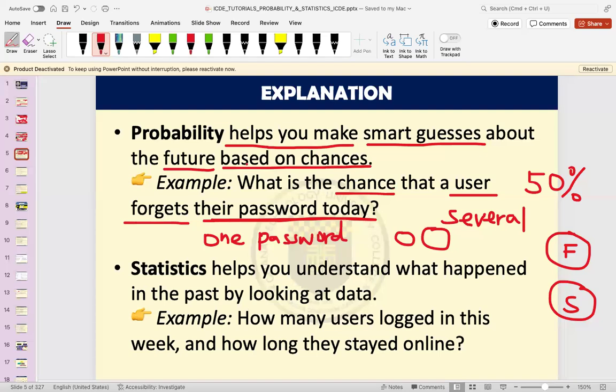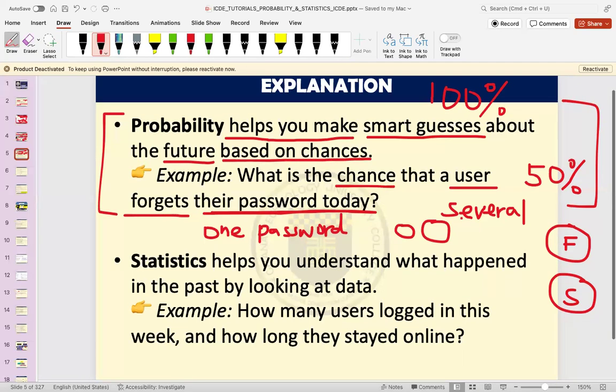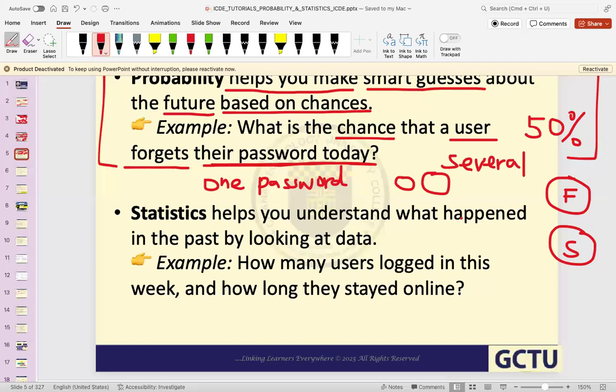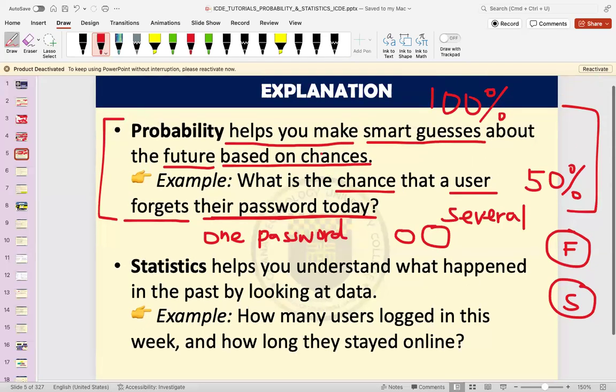In other words, we are saying because of probability, nobody can be perfect. You cannot be 100% on anything. No matter what you do, there will be some chances of errors. And that is how systems also operate. So probability is all about forecasting or predicting for the future.